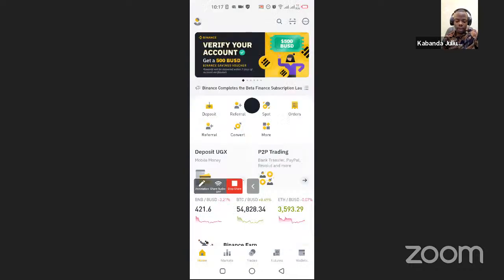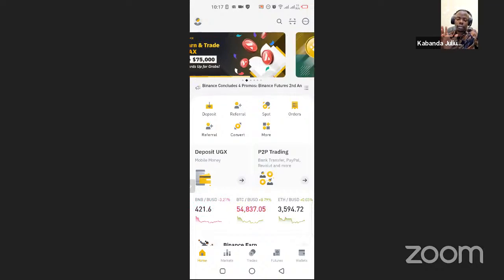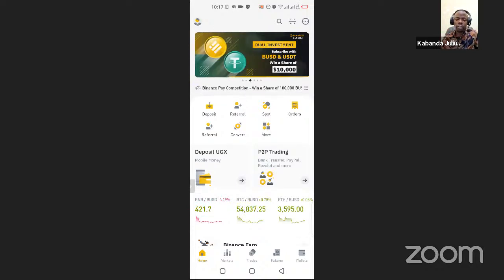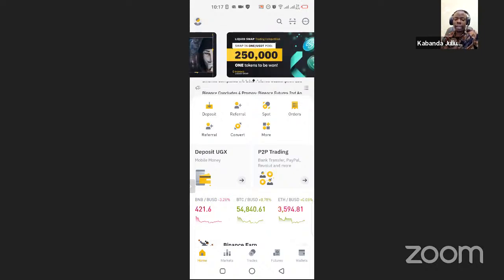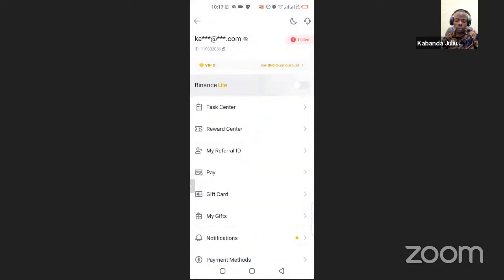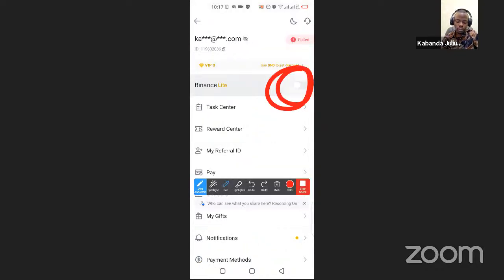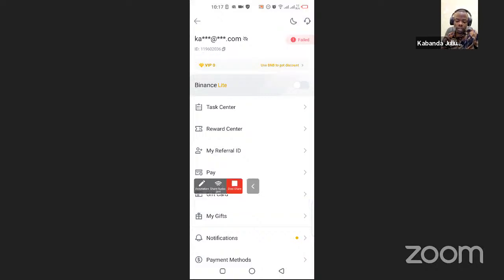I hope someone should have already done the API binding and the verification of the accounts. If you don't know, Binance already guides you through that. So the avatar on top, there is this, use BNB to get a discount. So you just tap on it.